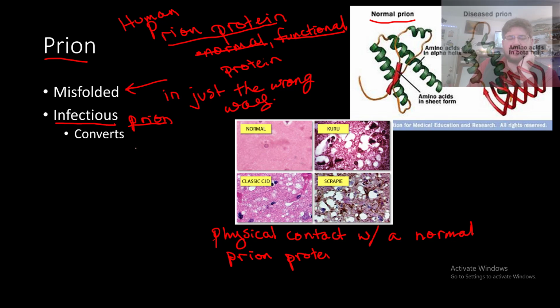When your infectious prion protein comes into physical contact with a normal prion protein, the normal protein misfolds into an infectious prion.